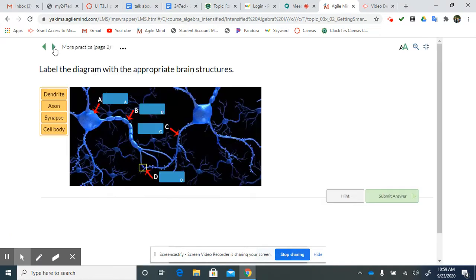Okay, and then for number 2, label the diagram with the appropriate brain structures. Okay, so this big thing right here, what's that? Okay, for B, the bigger leg.